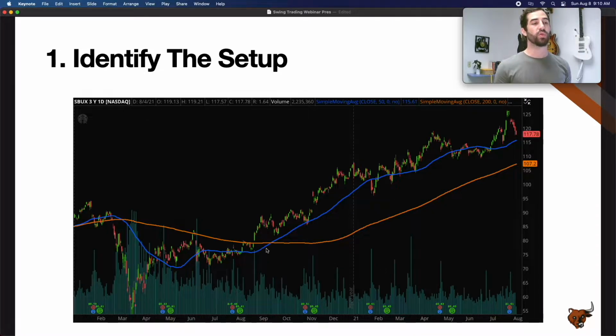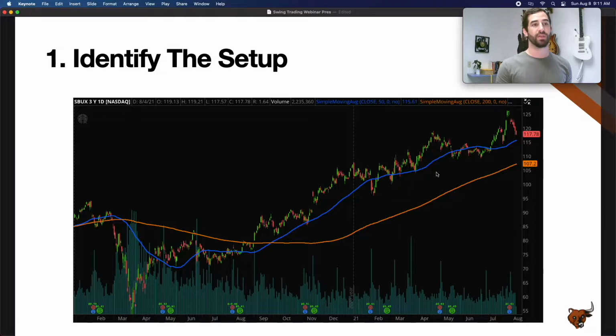And then we also have the 50 MA. In this case, the 50-day moving average, that's the simple moving average, is represented by this blue line. So you can see simple moving average, 50, blue. And this is the 200-day moving average, the orange one.